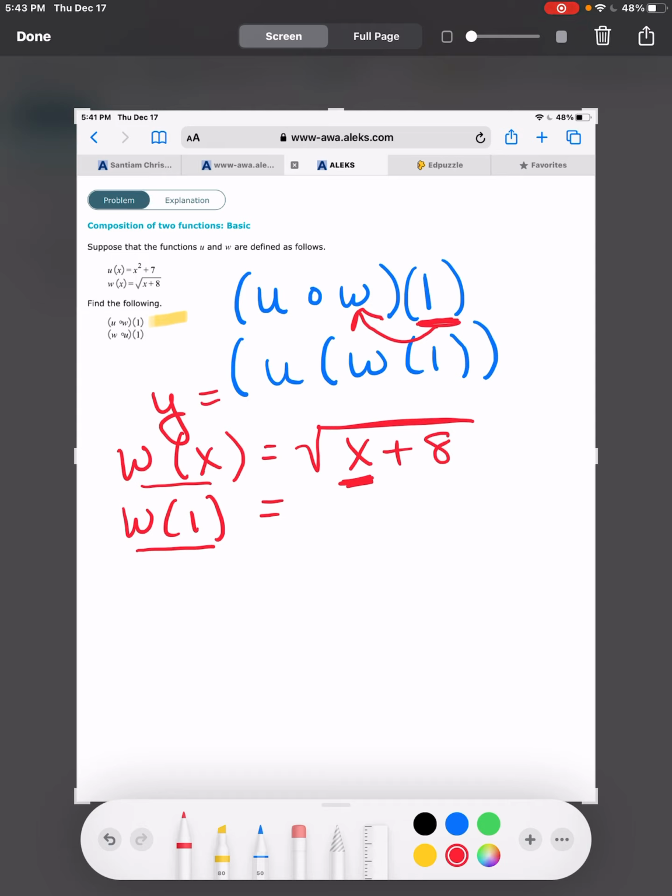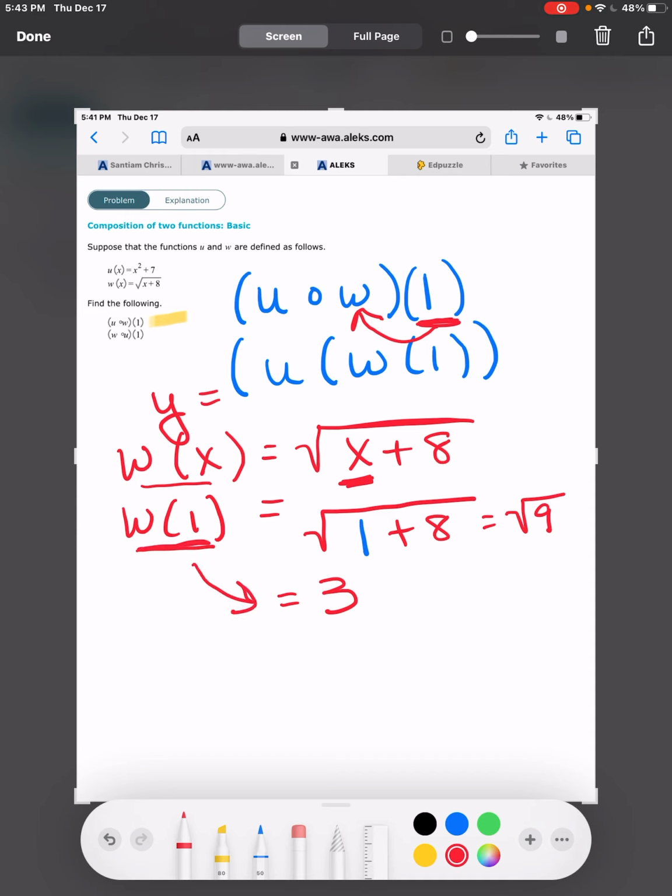It's just new names for the function. So I'm going to actually solve this. I'm plugging in the 1. So 1 plus 8 is 9, and the square root of 9 is 3. And so the w of 1 is 3.